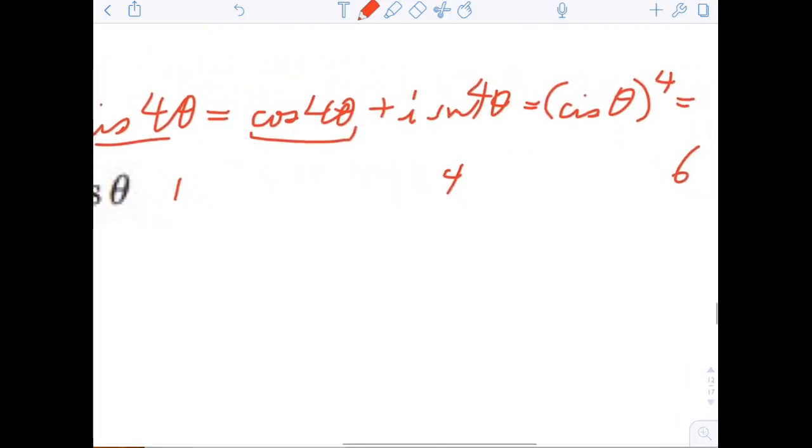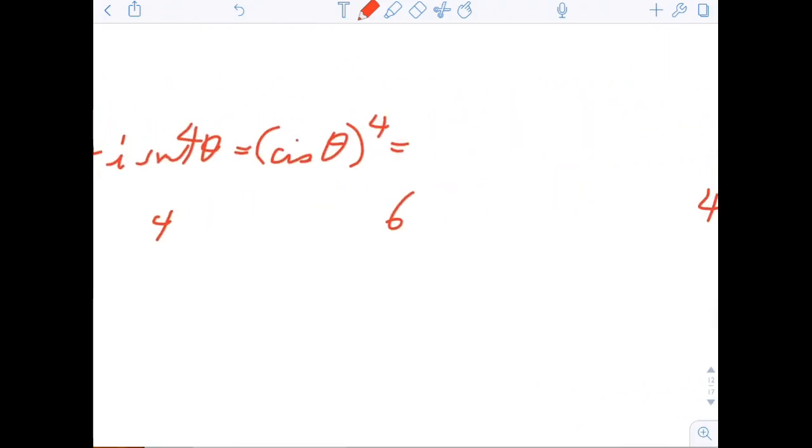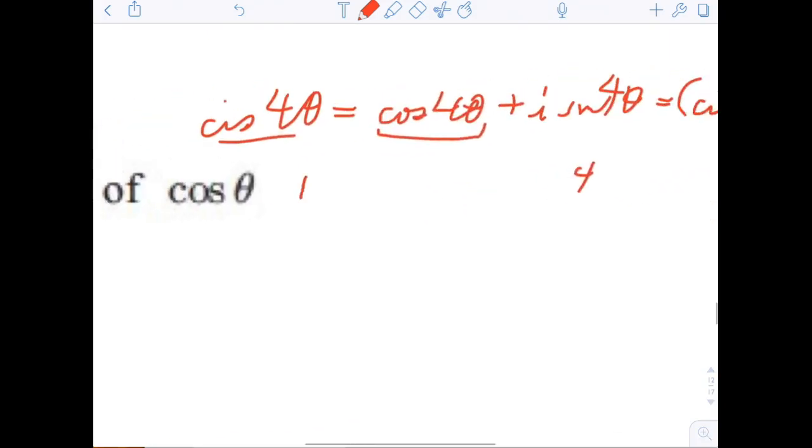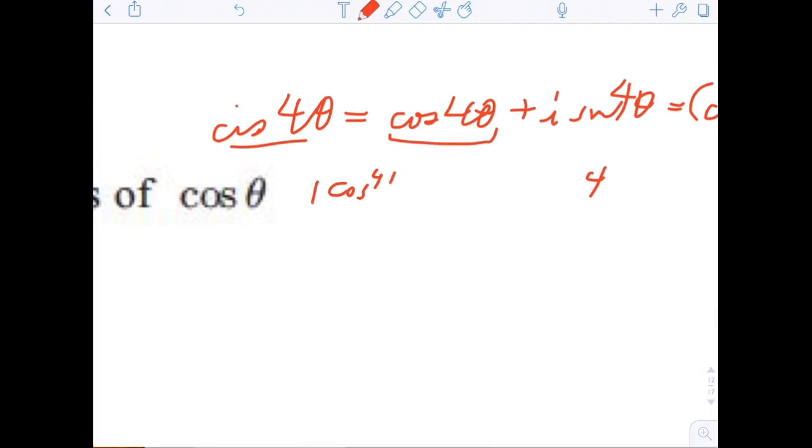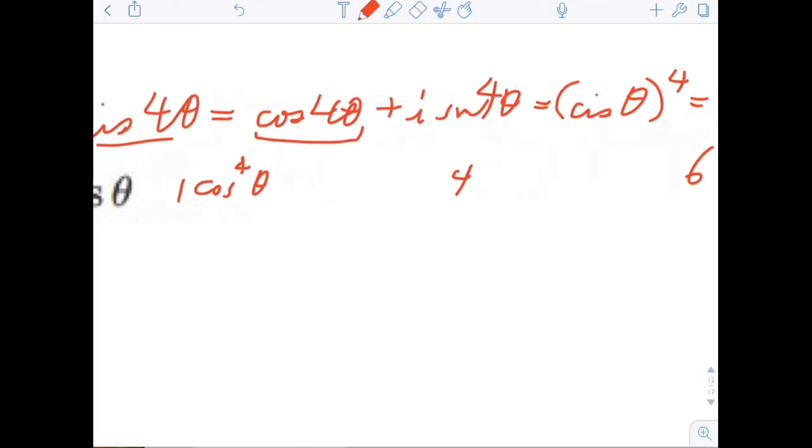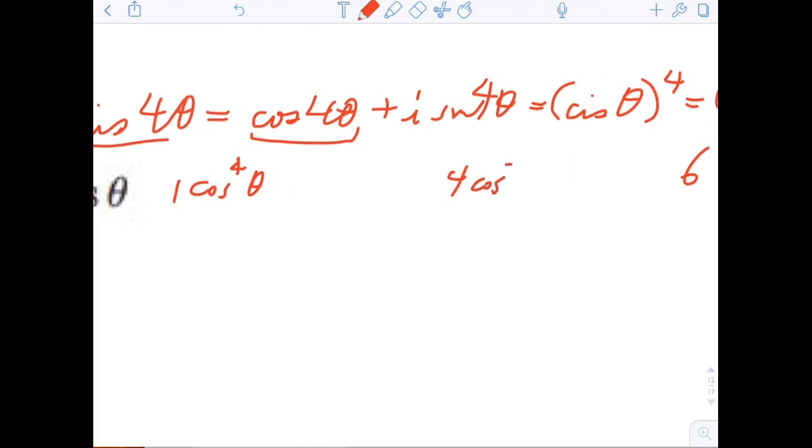And it would be cosine theta plus i sine theta to the 4th, right? So this would be cosine to the fourth theta, and the sine theta exponent would be 0, so nothing here. Let me just make that exponent for it. And this would be 4 cosine cubed theta sine theta i.